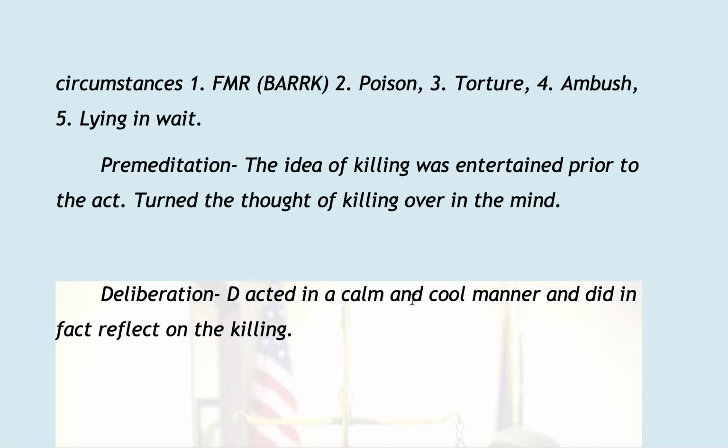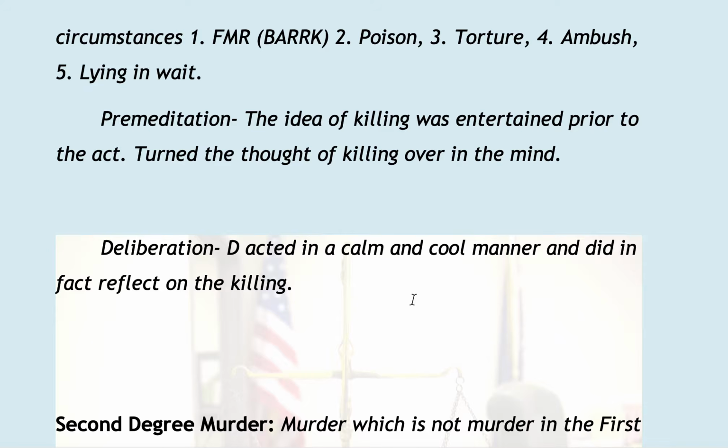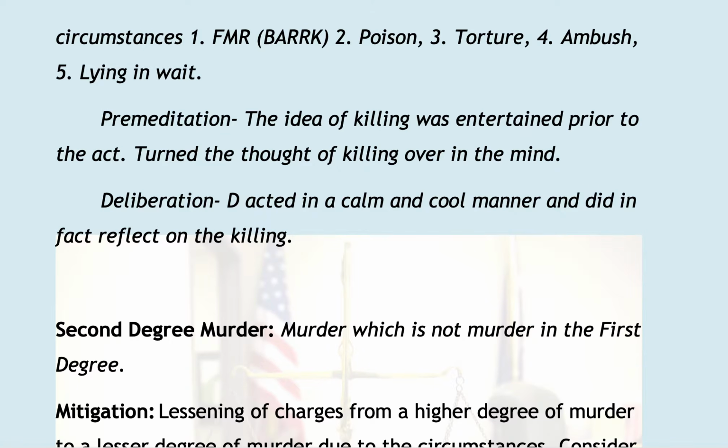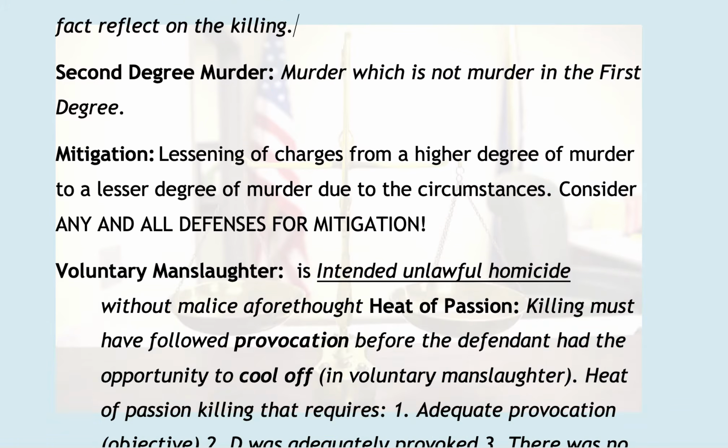Premeditation: the idea of killing was entertained prior to the act. Turn the thought of killing over in the mind. Deliberation: the defendant acted in a calm and cool manner, dispassionate, and did in fact reflect on the killing. Second degree murder is murder that's not in the first degree.